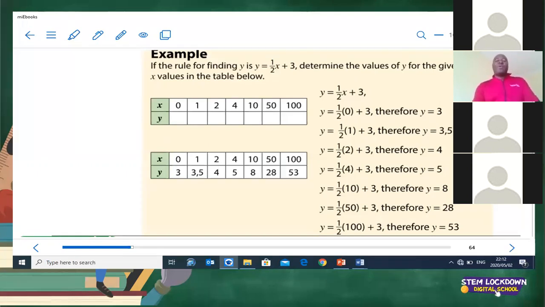So you have used the input again, which is x values, to find the output, which is y values. The rule is the middle term there, or the middle picture, which is y is equal to half of x plus 3. And I believe that at this point, we should be able to use the rule to find any missing value or output.